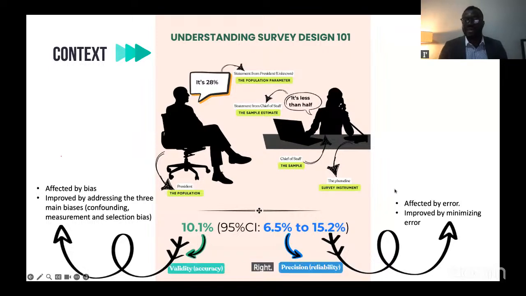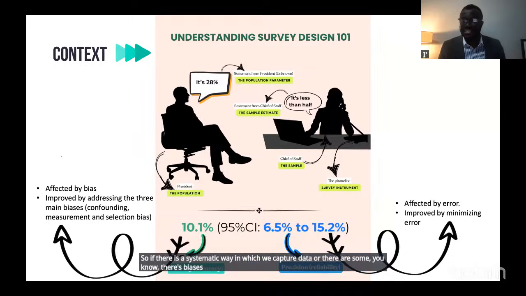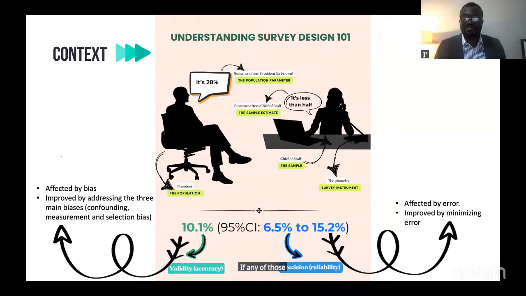So error affects precision, bias affects validity. So if there is a systematic way in which we capture data, or there's biases in how we design studies. And there are three types of bias, by the way. We have confounding bias, measurement bias, and selection bias. If any of those are present, this point estimate we get will be biased.